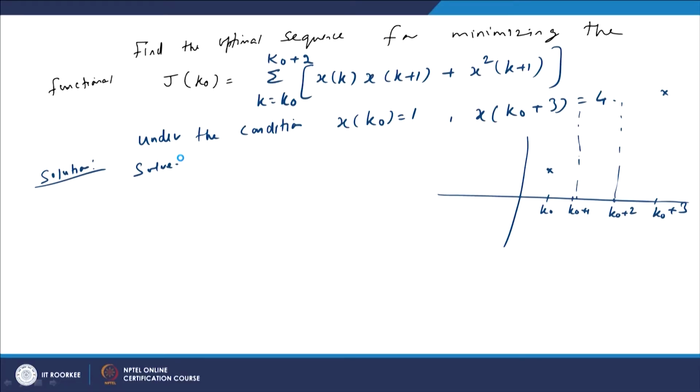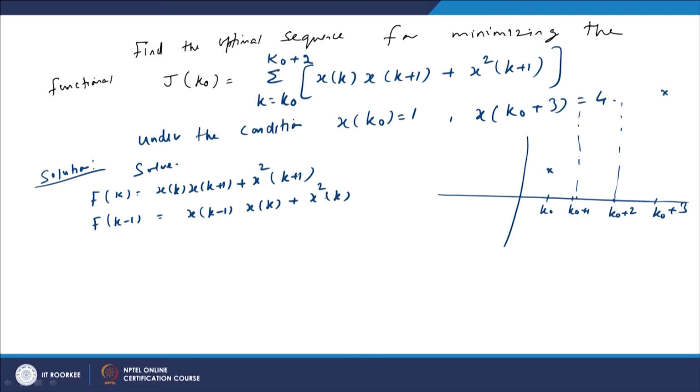So here f, if it is starting with k, is the given expression x of k times x of k plus 1 plus x square of k plus 1, and when the initial index is k minus 1, it is x of k minus 1 times x of k plus x square of k.